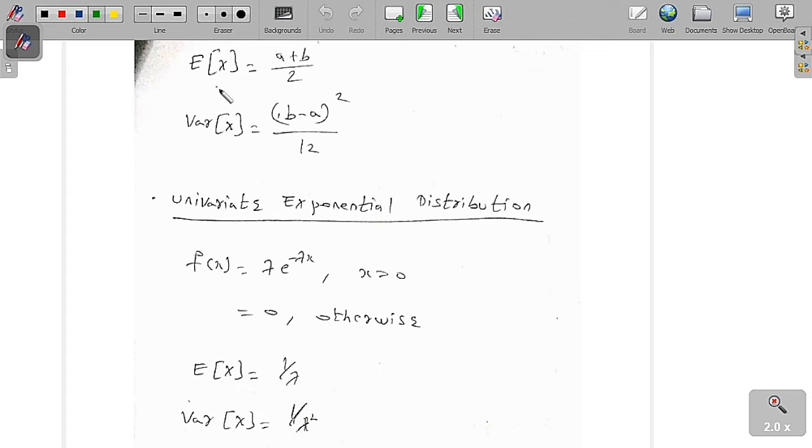So, expectation of x is equal to a plus b by 2, and the variance of x is equal to b minus a whole square by 12.